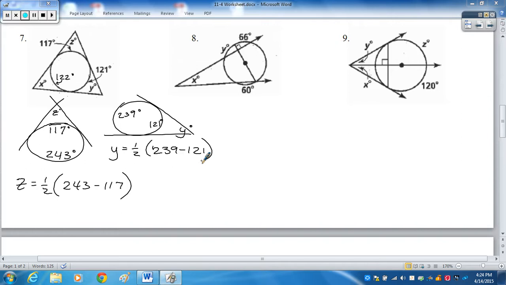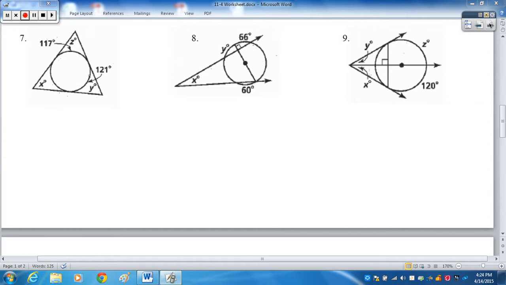Or you could do the same thing we've done already: 1/2, you have the facing arc, which is 122, and the other two arcs added together would be 238. And again, you can solve all three of those. If you did all three correctly, the sum of this one plus this one plus this one should equal 180.